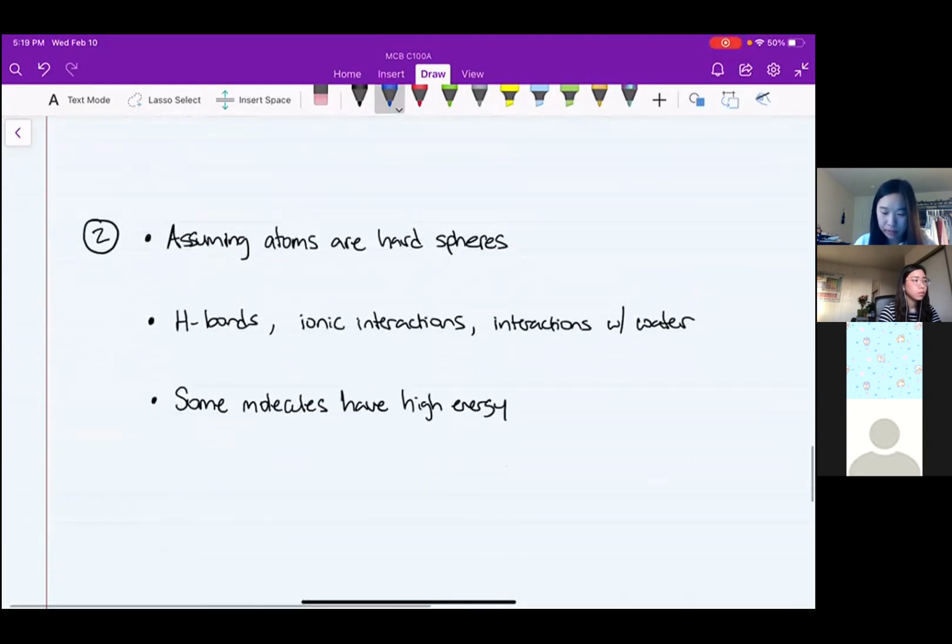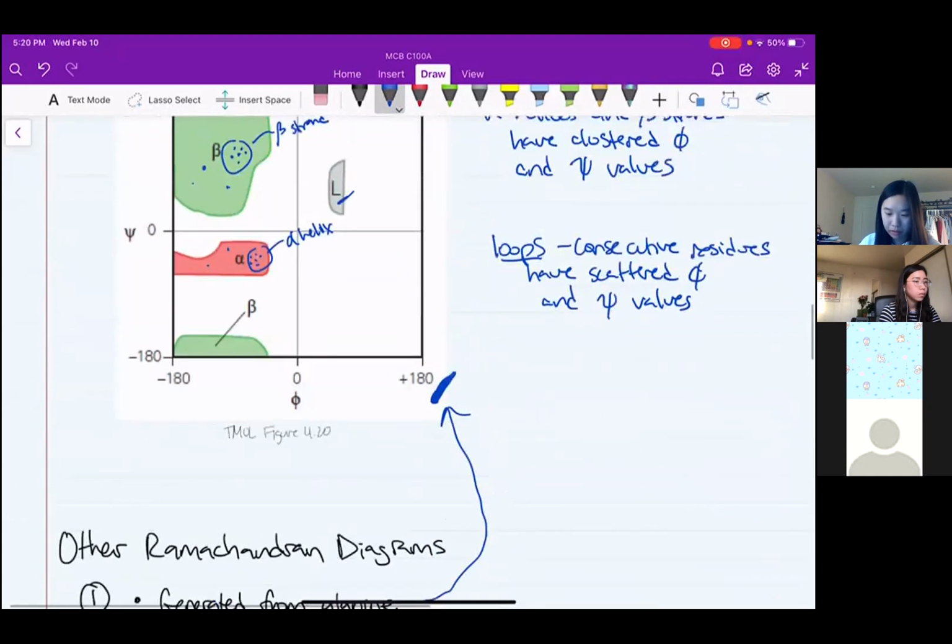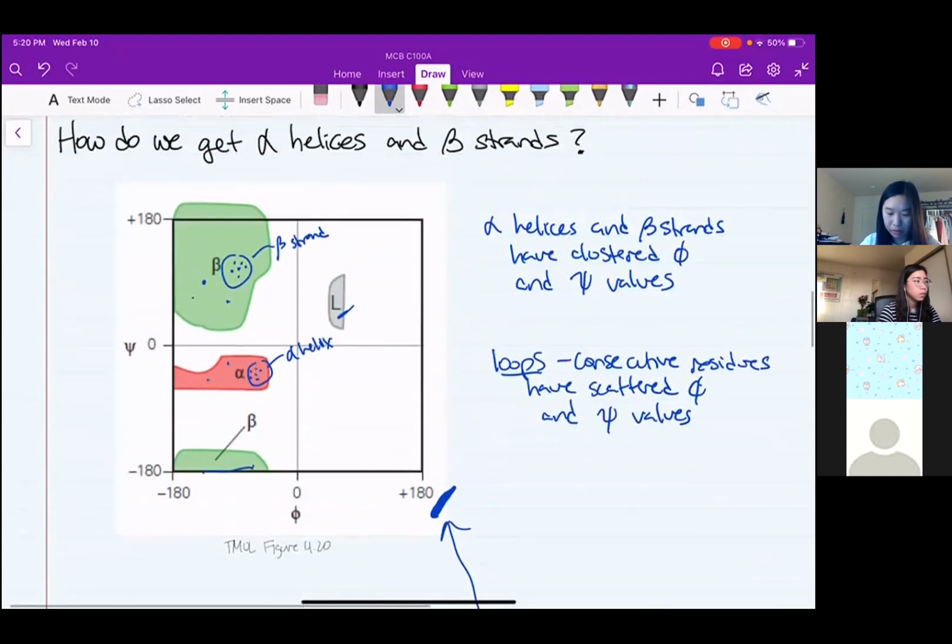The last thing I wanted to point out is that the earlier diagrams all assume that atoms are hard spheres, and so this produces a binary diagram. We either have allowed or not allowed.